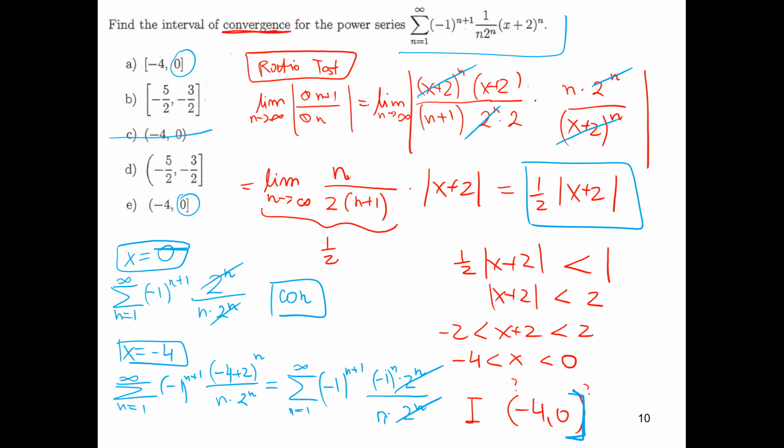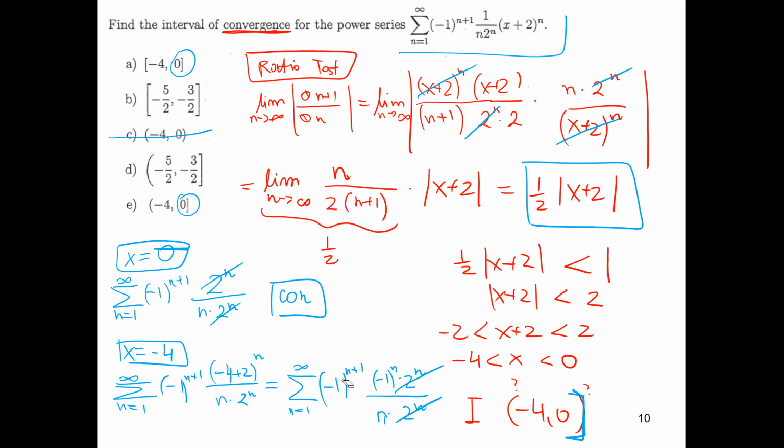What do we have now? We have -1 to the n plus 1 and to the n. We can add the exponents. We have to really check whether these two values give me an alternating series or not. If this is still alternating, then it's convergent.